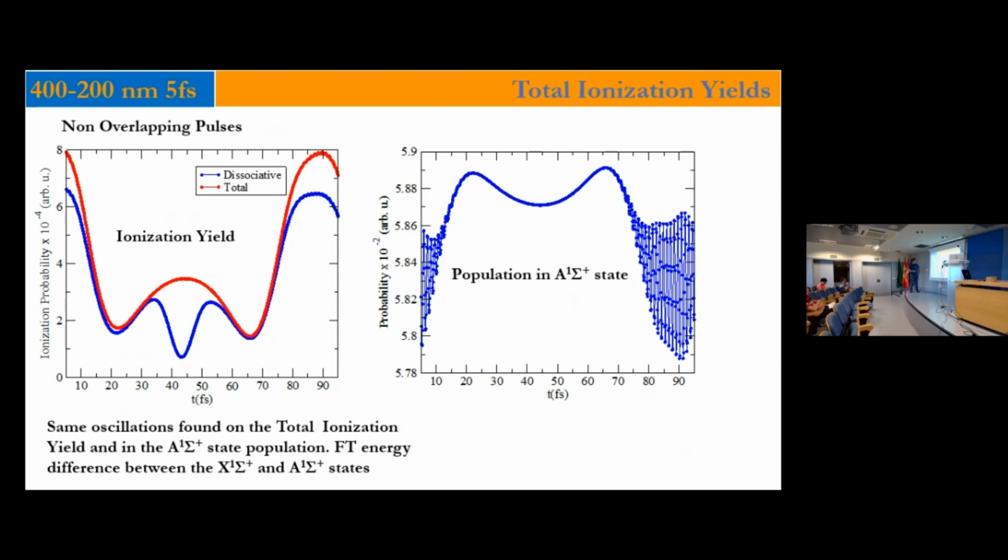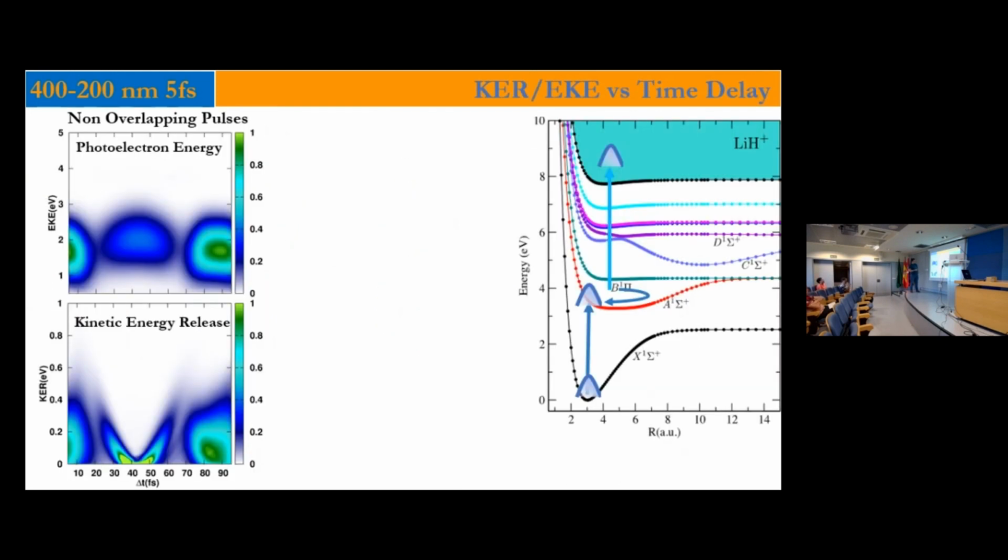If you perform the Fourier transform of this spectrum, you recover the energy difference between the excited state and the ground state of the molecule. So what it tells you is that you have some kind of rapid flopping between the excited state and the ground state. The pump not only pumps population to the excited state, but can also dump some of the population back to the ground state. This is kind of unexpected.